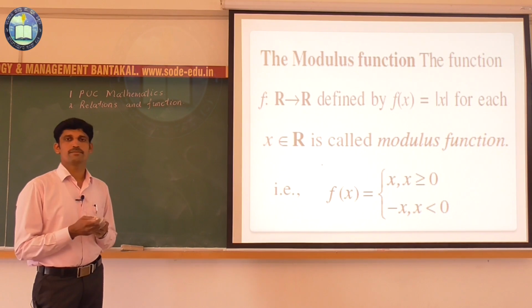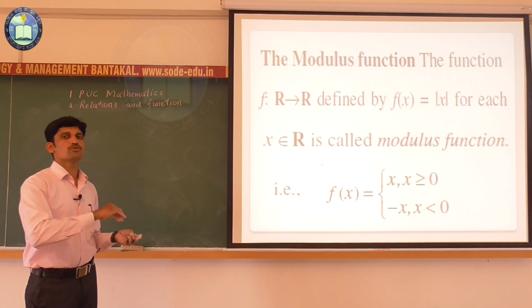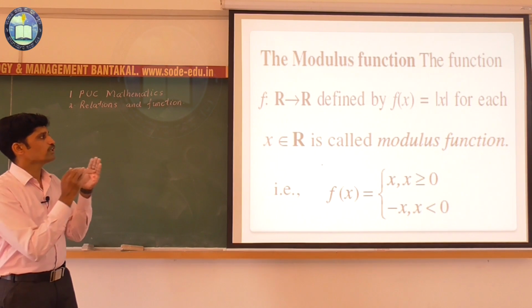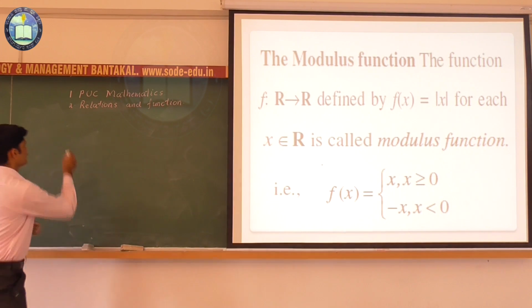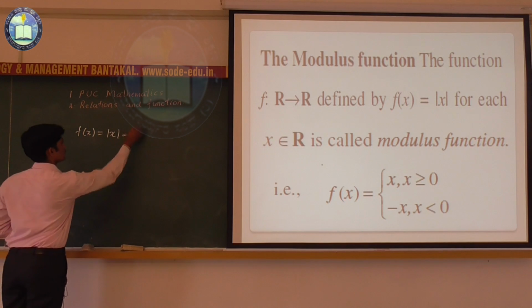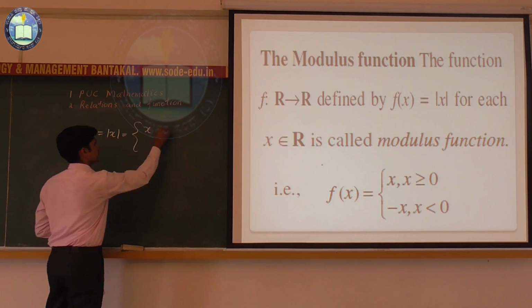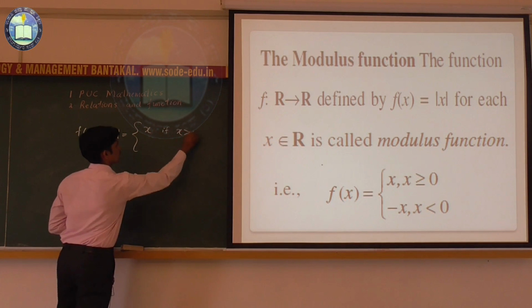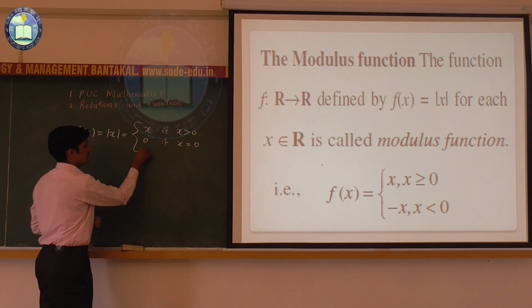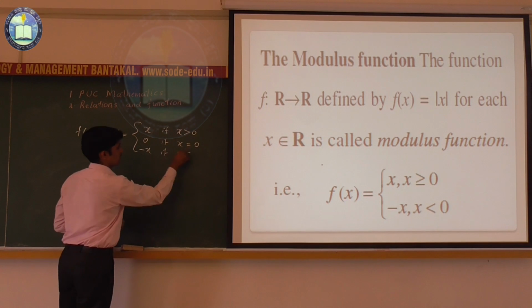So the modulus function is a function which gives a positive value or 0 value for all x belonging to R. f of x equal to mod x is equal to x if x is greater than 0, it is 0 if x is equal to 0, and minus x if x is less than 0.